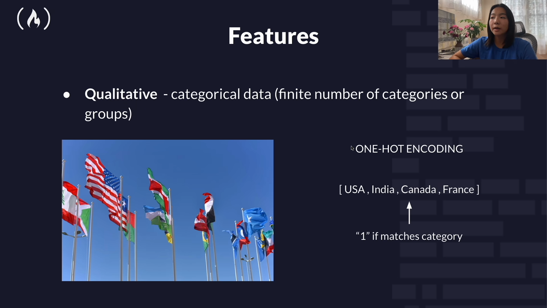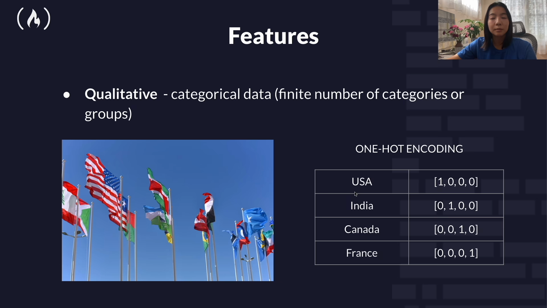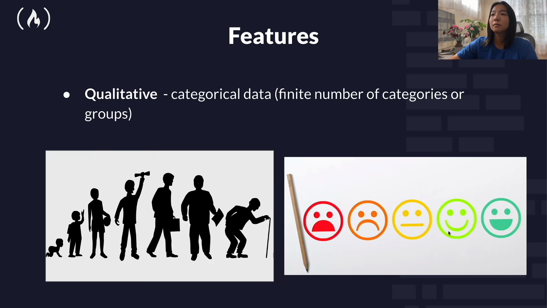Basically, one-hot encoding says, if it matches some category, make that a 1, and if it doesn't, make that a 0. So for example, if your input were from the US, you might have 1, 0, 0, 0. India, 0, 1, 0, 0. Canada, the item representing Canada is 1, and France, the item representing France is 1, and you can see that the rest are zeros. That's one-hot encoding.